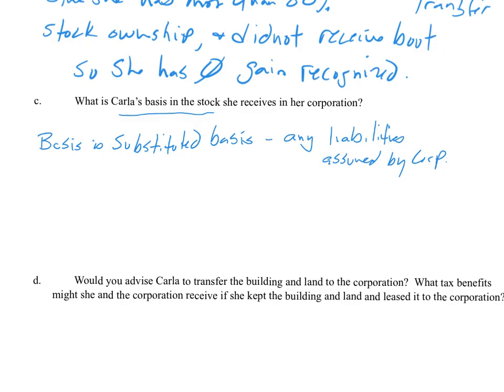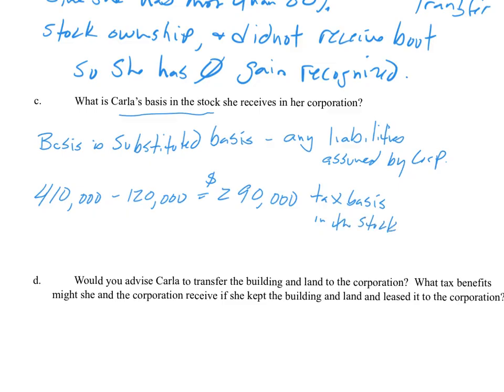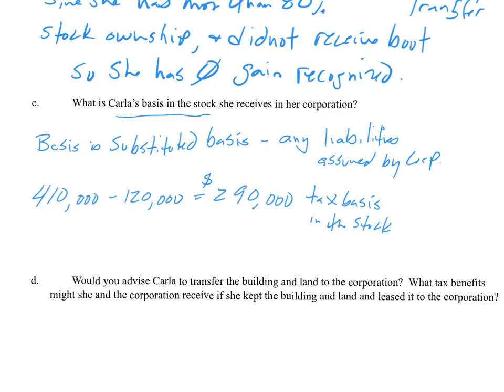Okay, so what was her basis in all of those assets she transferred? That was $410,000. Okay, what liabilities did they assume? Well, they assumed that $120,000 mortgage. So that means that she has a $290,000 tax basis in the stock.